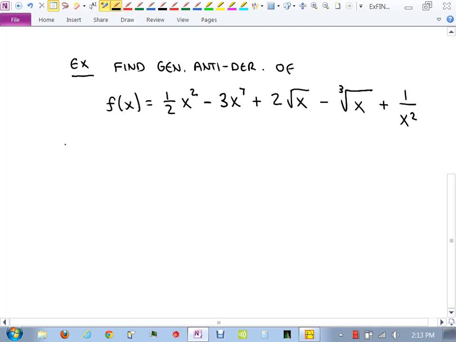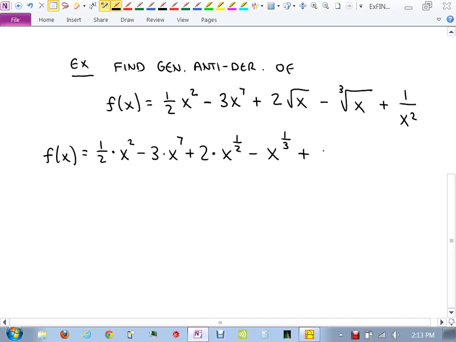So here's what I'm going to do. I'm going to rewrite this function as 1/2 times x to the 2nd minus 3 times x to the 7th plus 2 times x to the 1/2 minus x to the 1/3 plus x to what power?